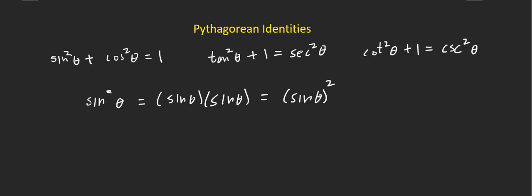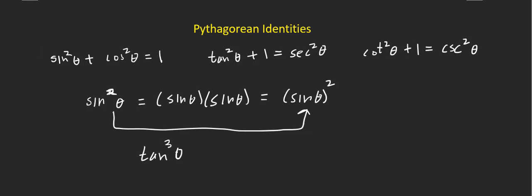So when we say sine squared theta, this is the same thing as quantity sine theta squared. So if you have tangent cubed theta, that is going to be the same thing as quantity tangent theta to the third power.